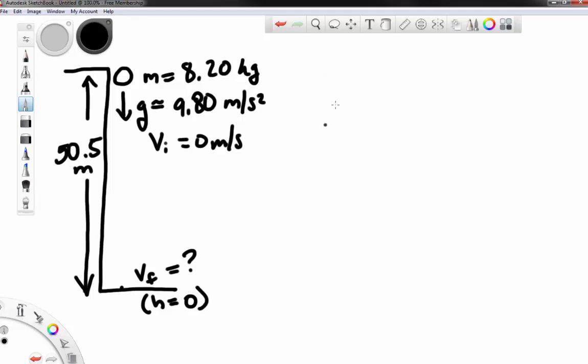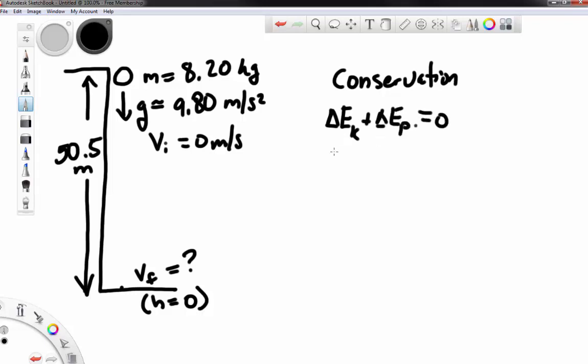So our conservation of energy says the following. There's no energy created or destroyed, no energy leaves or enters the system, so therefore the change in kinetic energy plus the change in potential energy must be equal to 0. And so that means that the change in kinetic energy must be equal to the opposite of whatever is the change in the potential energy.